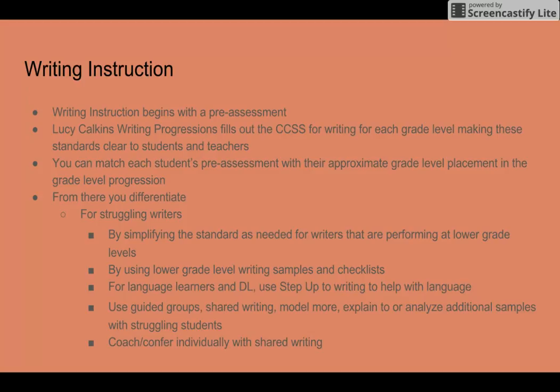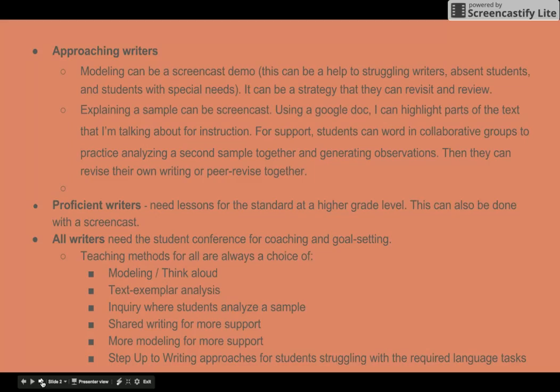In coaching and conferring individually, you may do more shared writing, more guided writing and prompting. With approaching writers that are in their ZPD with the 6th grade standards, or whatever standards you are working on, modeling lessons and lessons where you're explaining samples are two of the main methods that we use in writing instruction.